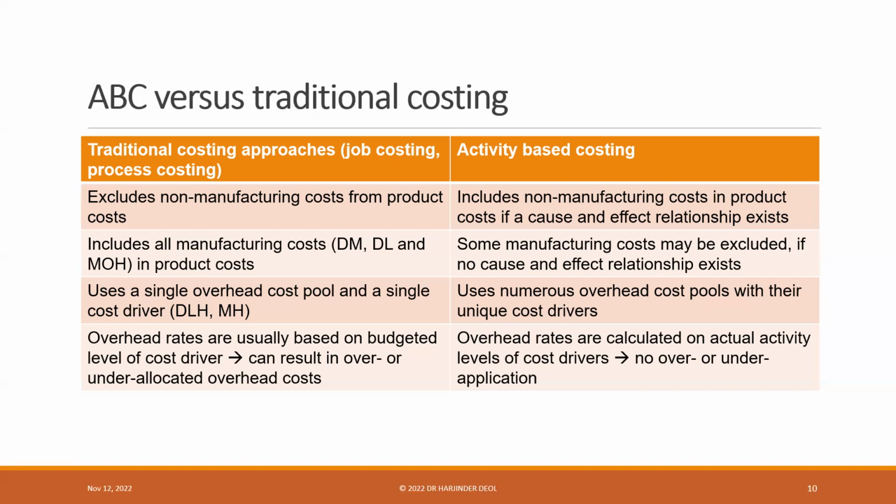Finally, the overhead rates under traditional costing approaches are usually based on budgeted levels of the cost drivers, and that can result in either over-allocated or under-allocated overhead. In contrast, we calculate the overhead rates on actual activity levels of cost drivers, so we do not get over or under application.